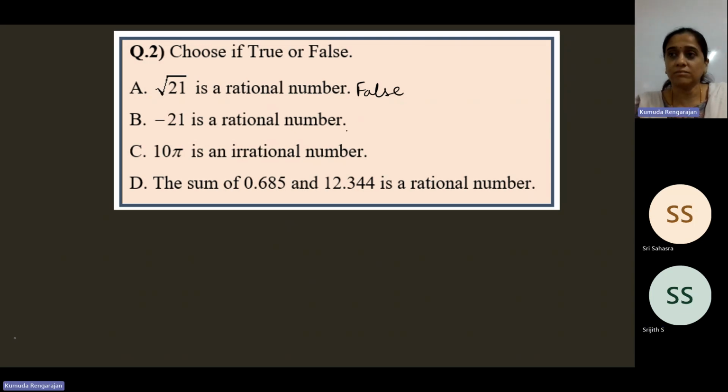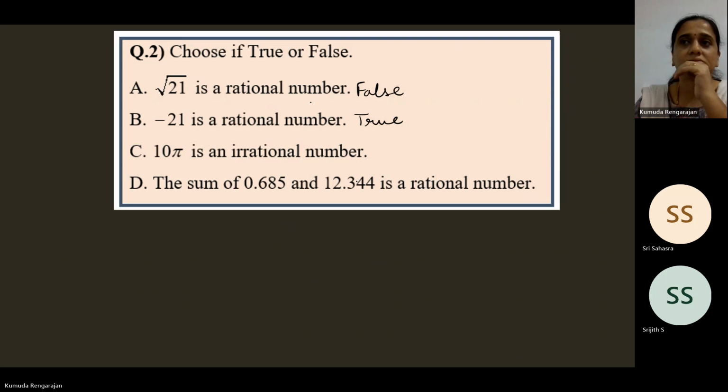A is true. Let's clarify his doubt. Second one, online children, minus 21 is a rational number. True. True, ma'am. Okay.